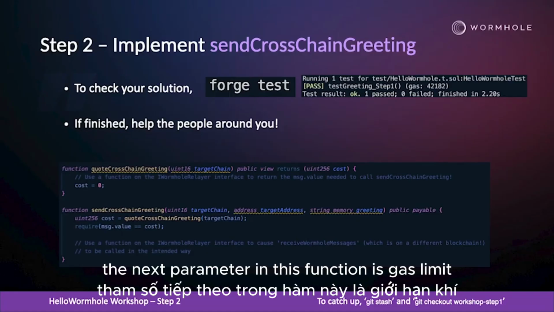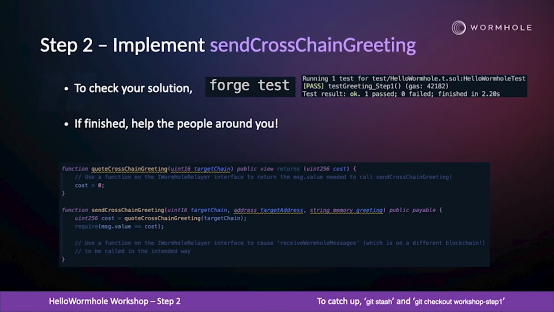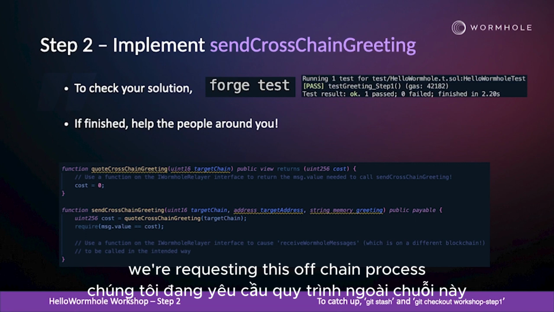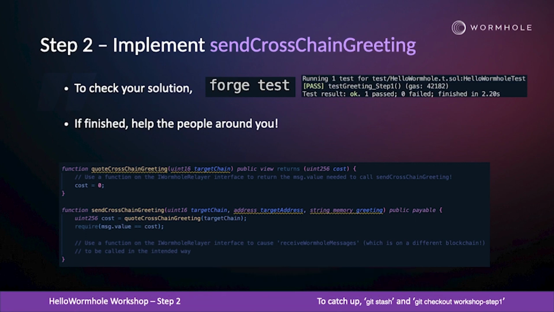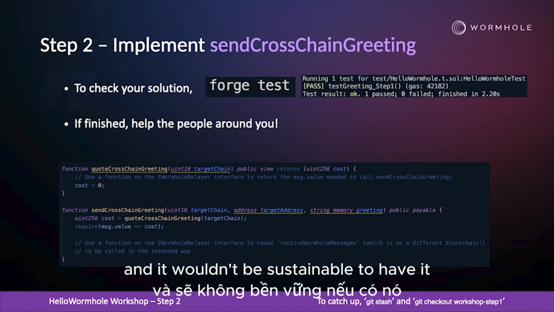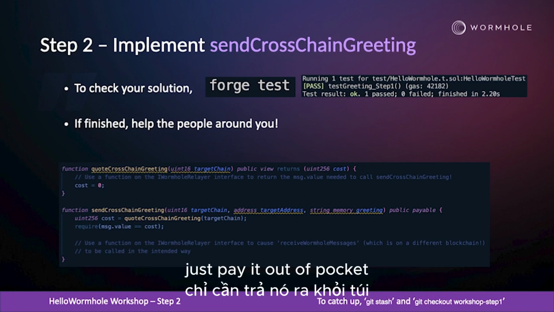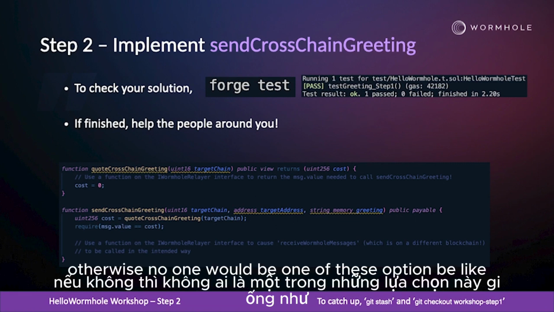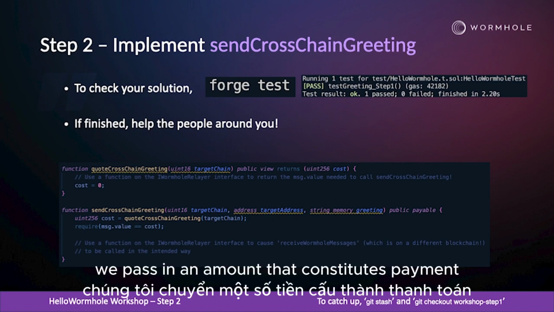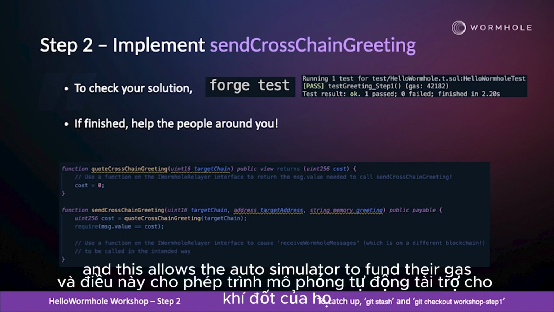The next parameter in this function is gas limit. What's happening is we're requesting this off-chain process to call things on the target chain, but it needs to pay for it. It needs to pay gas. And it wouldn't be sustainable to have it just pay out of pocket. Otherwise, no one would be one of these off-chain relayers. So we pass in an amount that constitutes payment, and this allows the off-chain relayer to fund their gas.